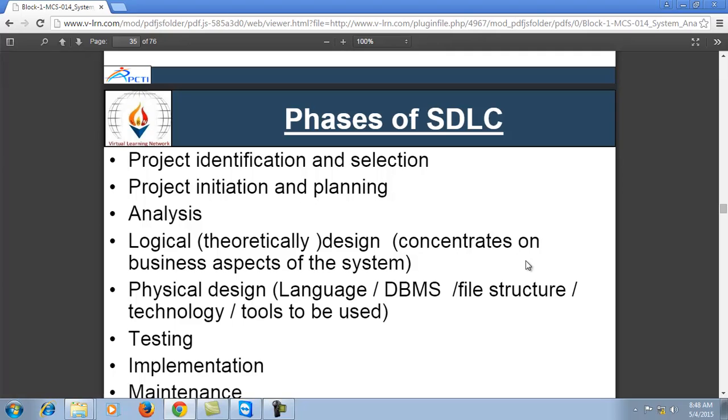Next is, now what about the role of this particular meeting which is conducted between the key persons? This meeting will verify basically whether we have to take on this project or not.